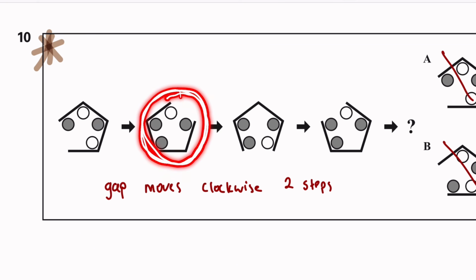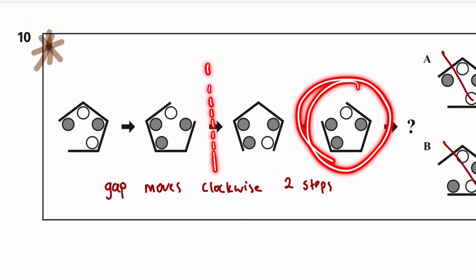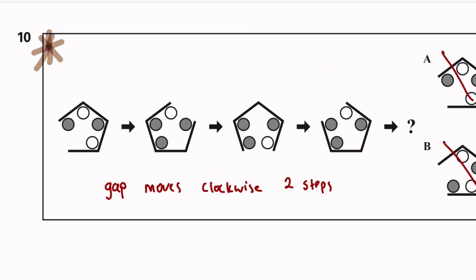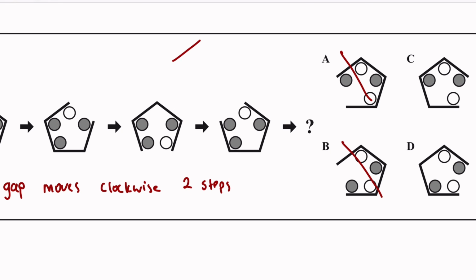This one looks awfully like a symmetrical reflection of this, okay? And you can see when it's a symmetrical reflection, the dots are in the same position. So that means whatever the answer is, we know it's going to be a pentagon like this, okay?